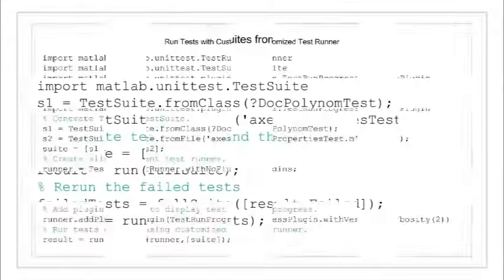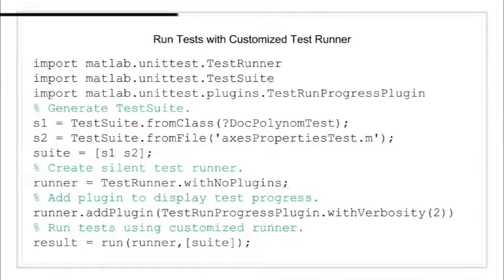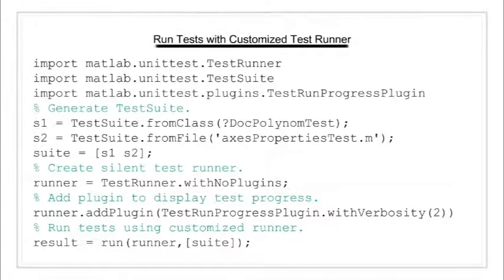One of the last ways of running tests that I'm going to discuss is using a customized test runner. This way you have the power to specialize the test running by defining a custom test runner and adding plugins. First, I generated the test suite S1 from the class-based test, that is the polynomial test, and the suite S2 from the function-based test, that is the access property test.